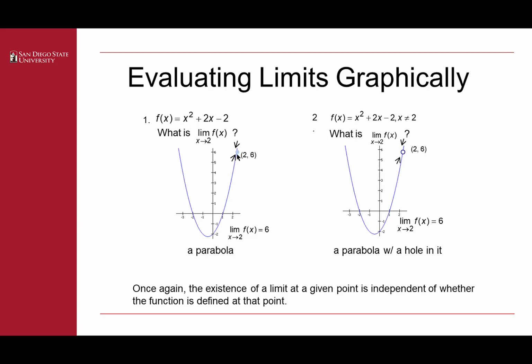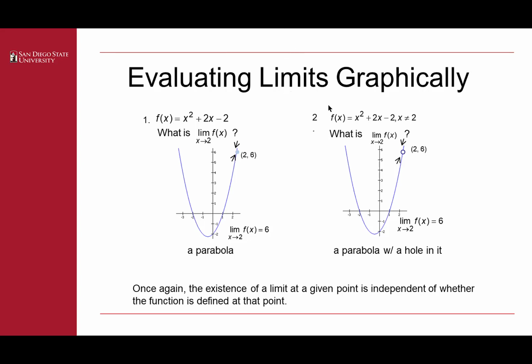So this point on the parabola would be (2, 6). The value on the x-axis would be 2 because it is given in the question, and the limit should be 6. In this case, the limit is exactly the same as the output of the function. So the limit is included in the outcome set of the function.